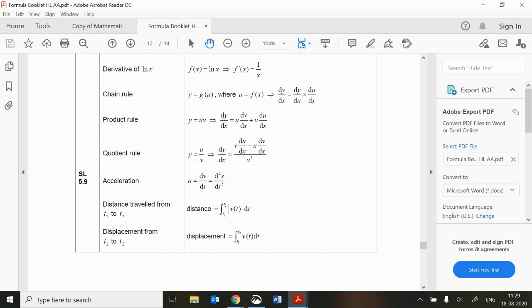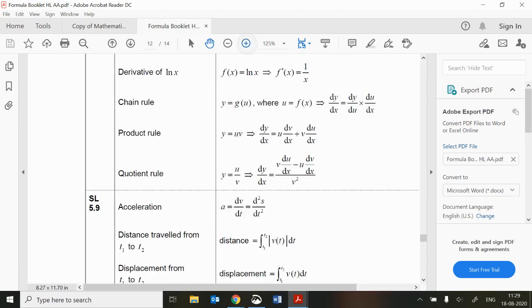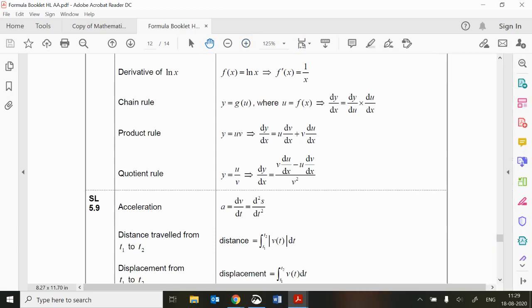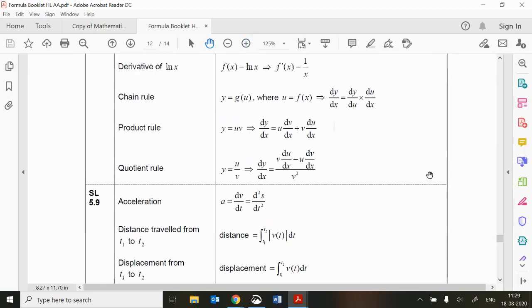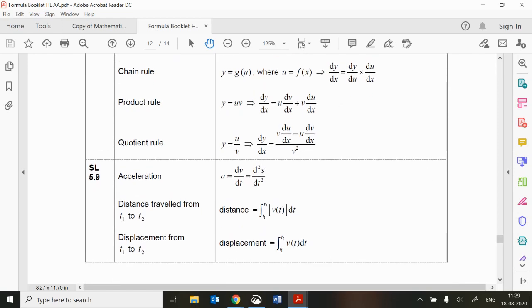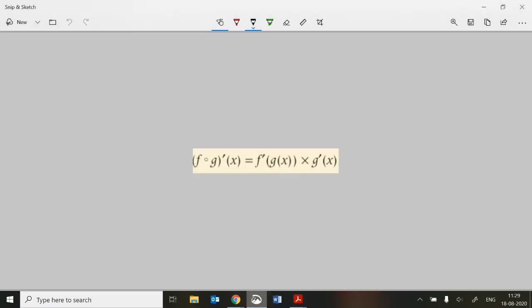They normally give the product rule, the quotient rule, and the chain rule there as well. So they're giving the chain rule in terms of the fraction style, and that's actually a change from the old formula booklet. You can see where it says chain rule, right at the end of our list of derivatives, giving this general formula for the chain rule as a product of these two derivatives. From my point of view, that's the nicer of the two ways of giving it.